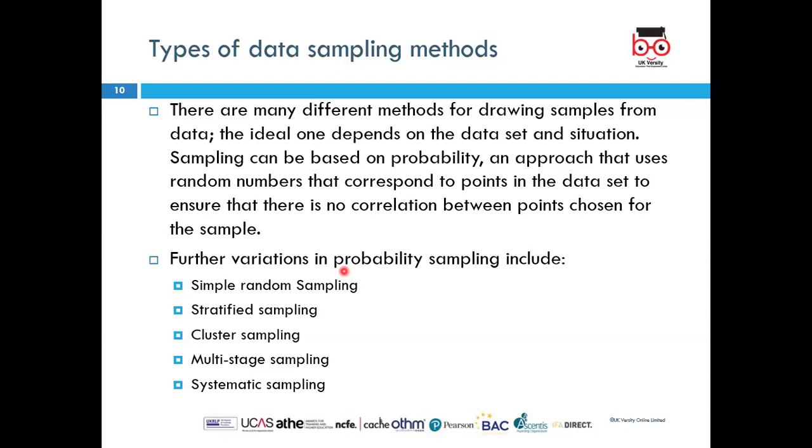So for instance, let's say you're taking the views of people on the COVID-19 vaccine. Your plan is to take the next person who comes in, in a hospital setup, let's say, or in a shopping mall.